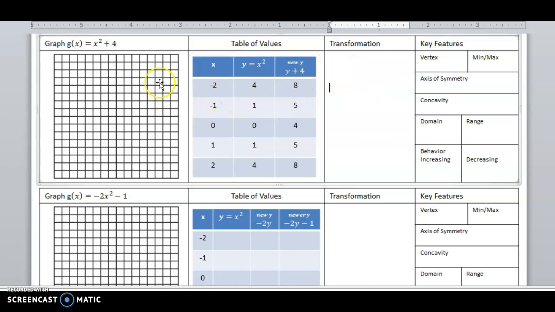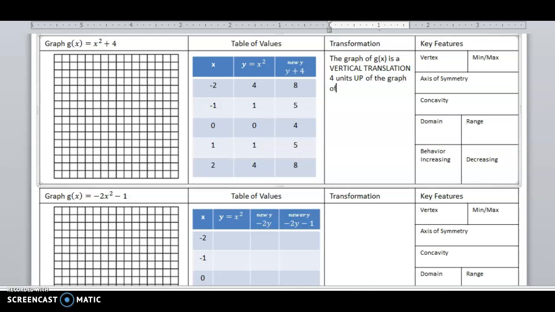Since we added 4 to our original y value, then we say the graph of g of x is a vertical translation. How many units? It's 4 units up of the graph of f of x is equal to x squared.